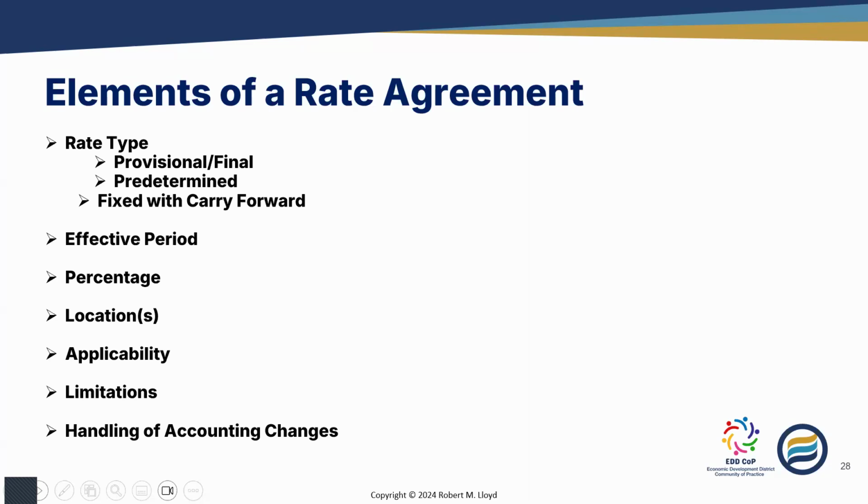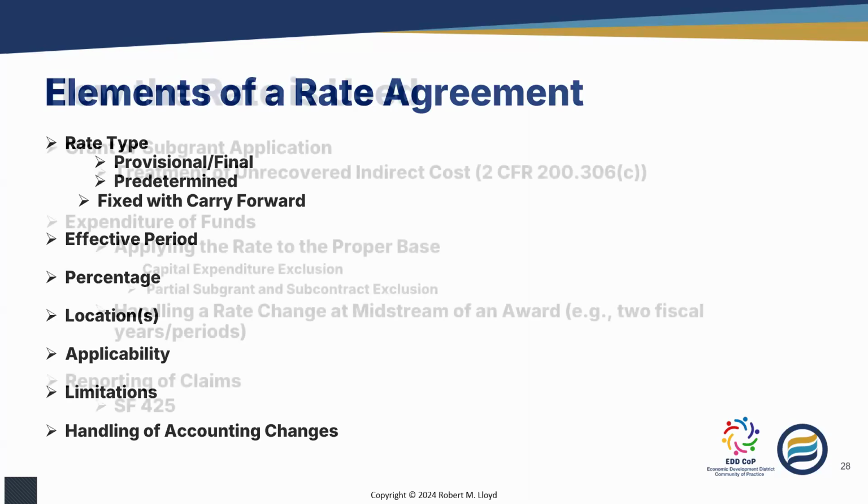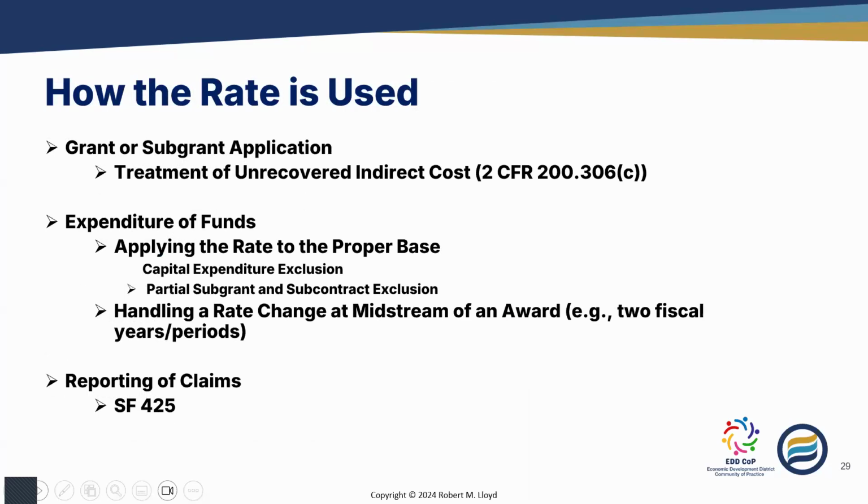Now, how the rate is actually used is it is applied, as slide 29 picks up on, in the grant or sub-grant application. One of the things that OMB has done in the uniform guidance, and it's carried forward from previous policy, is if an organization has unrecovered indirect costs, it may ask the awarding agency to treat those under recoveries as part of their matching or cost sharing.